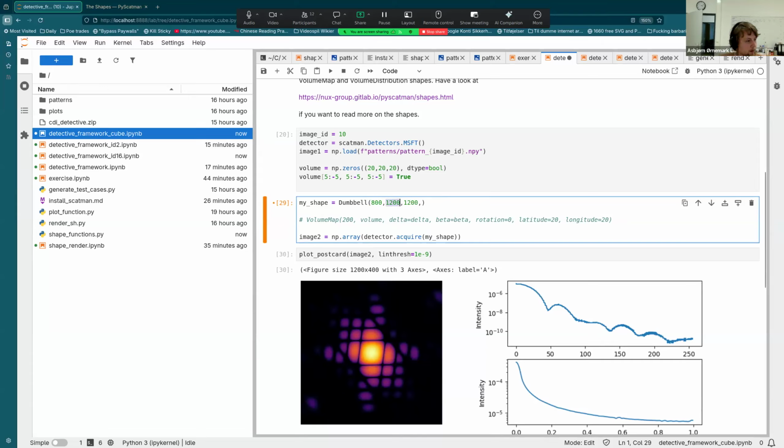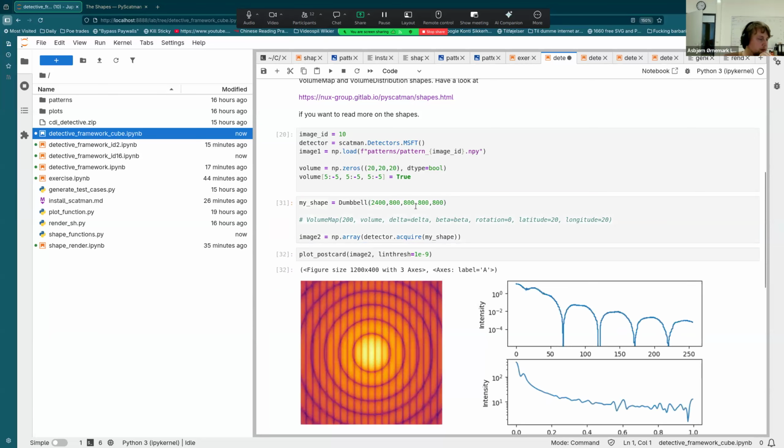Make this 800, 800, 800. Then we have a round edge, and then we do 24, and set this to 800. Then this should be a cylinder, a cylinder with capped edges.